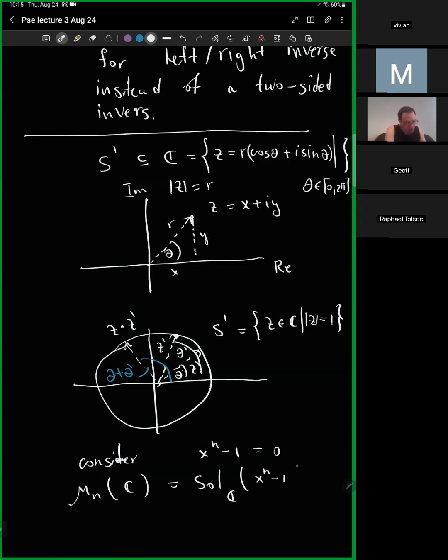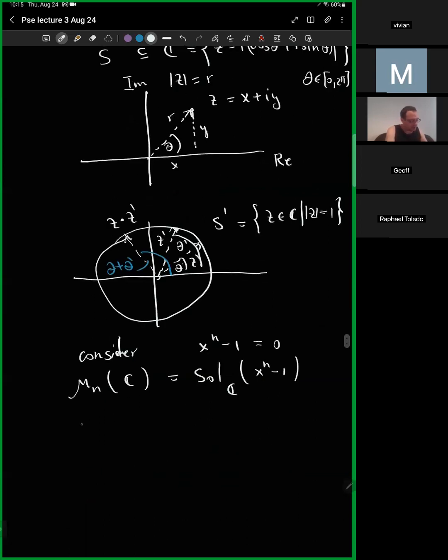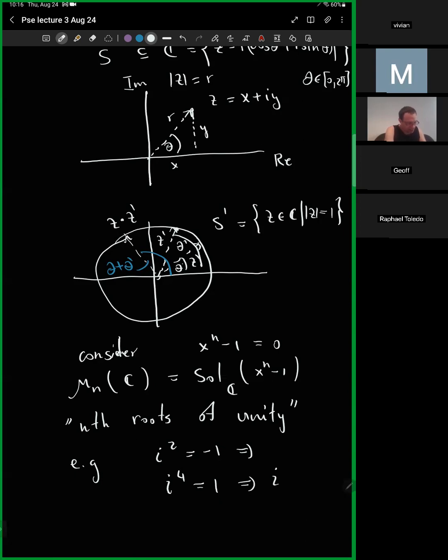So it's all the zeros of this polynomial. This is called the nth roots of unity. For example, if you take i, you know that i squared is minus 1, so i to the 4 is going to be 1, and therefore i is going to be an element in mu 4 of C.